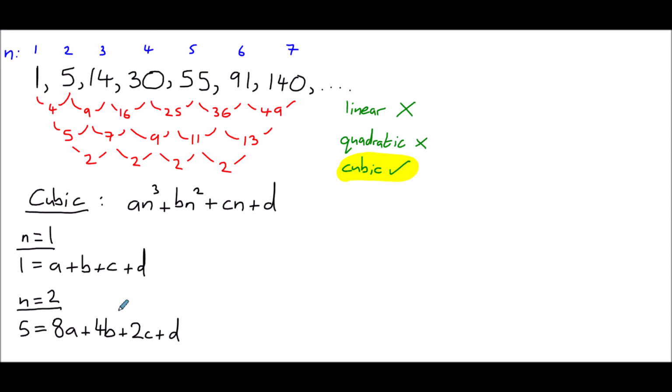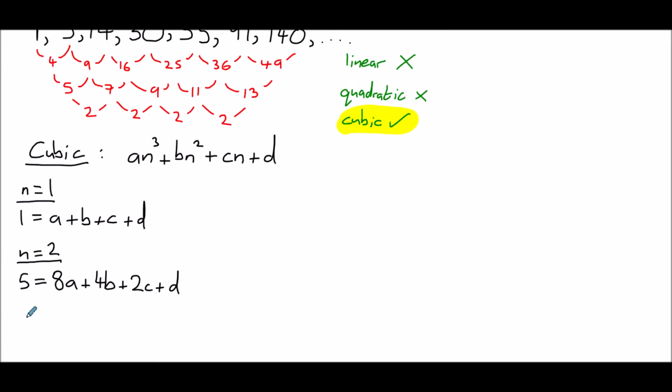So we can carry on and do this for n equals 3. The third term of the sequence was 14. So 14 must equal a times 3 cubed, that's 27, plus b times 3 squared, which is 9, plus c times 3, 3c, plus d.